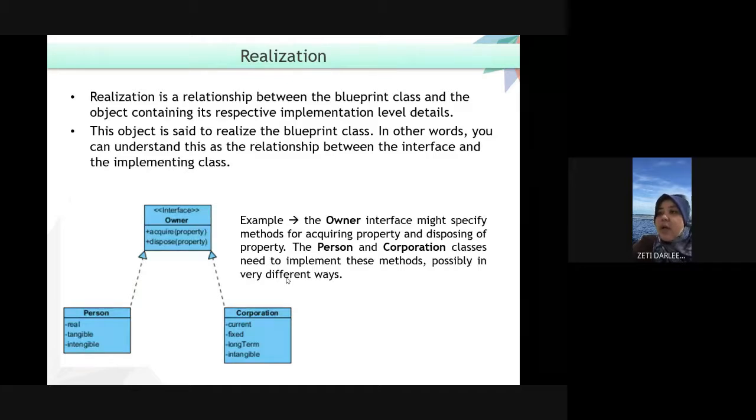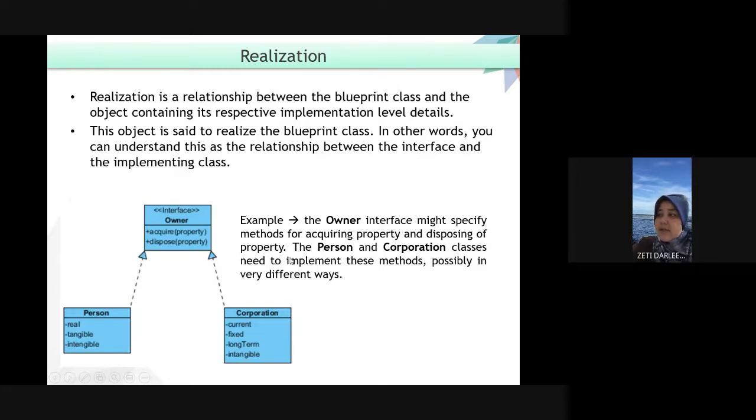Realization is a relationship between the blueprint class and the object containing its implementation-level details. This object is said to realize the blueprint class. In other words, you can understand this as a relationship between the interface and the implementing class. For example, the owner of the interface might specify methods for acquiring property and disposing of property.